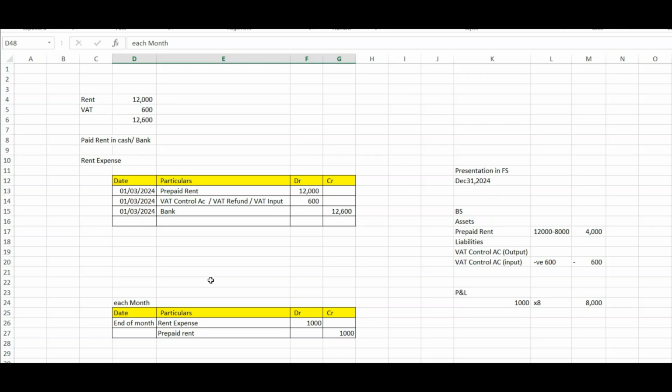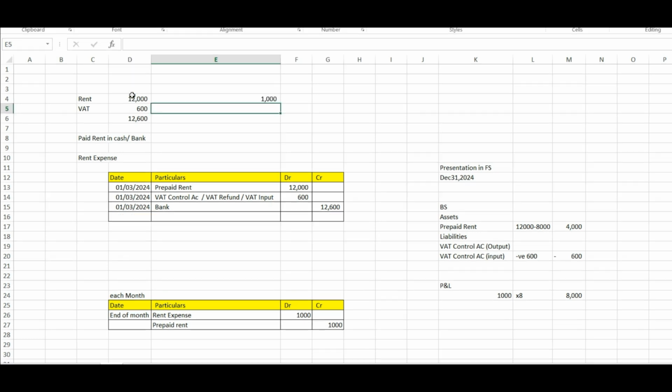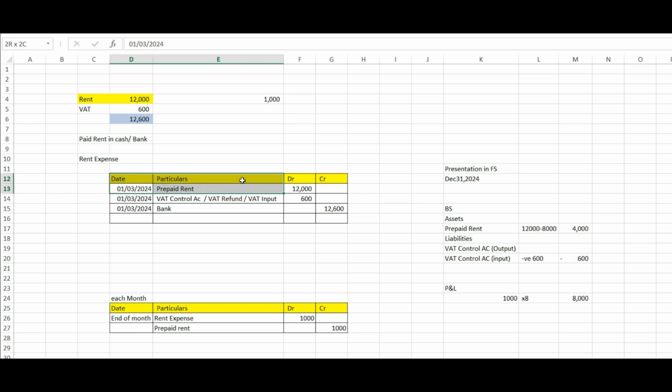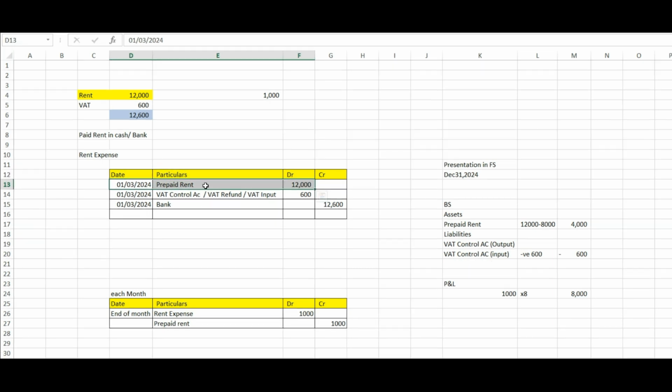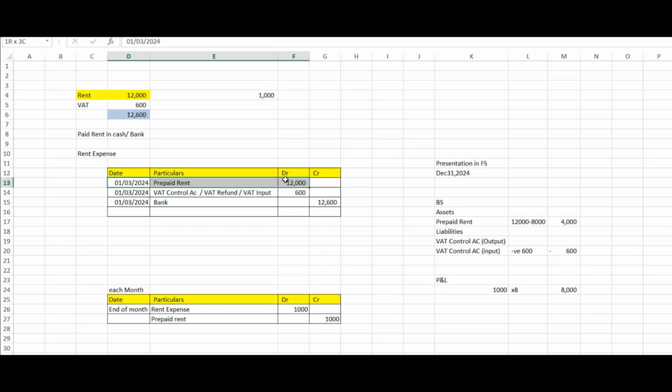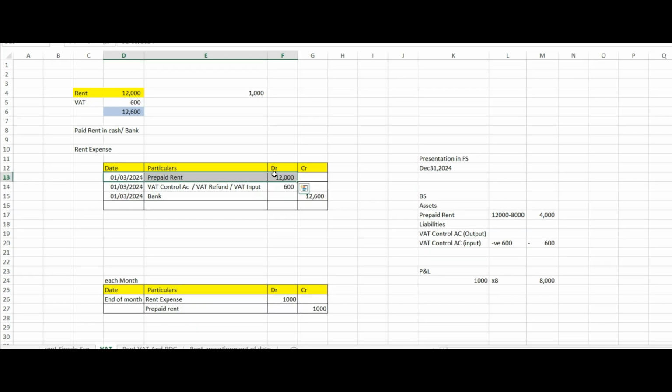Let's consider the same scenario with VAT. We have annual rent of 12,000, monthly rent is 1000 and VAT is 5%, which is 600. So total rent including VAT would be 12,600. At the time of making payment, you will debit prepaid rent with 12,000. Again, this is your asset.